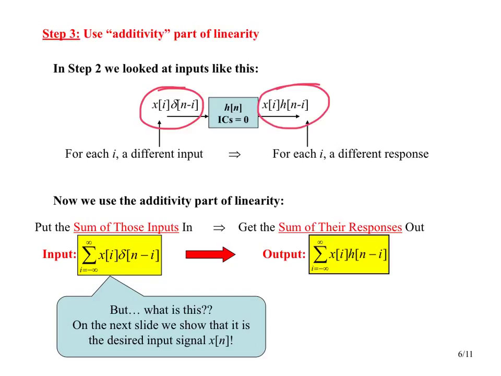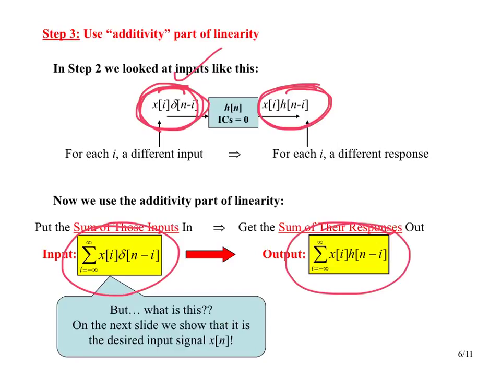And so for all the different i values that we had here, if we put all those in, and we get each one of these things out, let's imagine adding all of these things up. So if we put in this as our input, which is just the sum of all these things for all the different i values, what we'll get out is this thing.